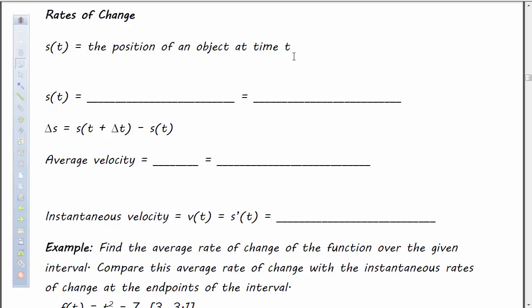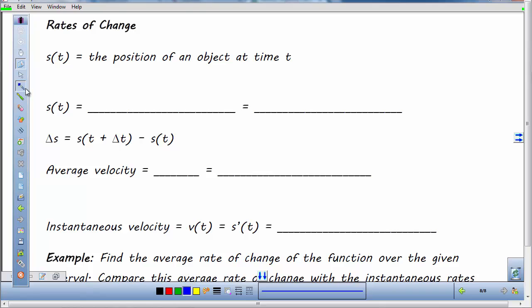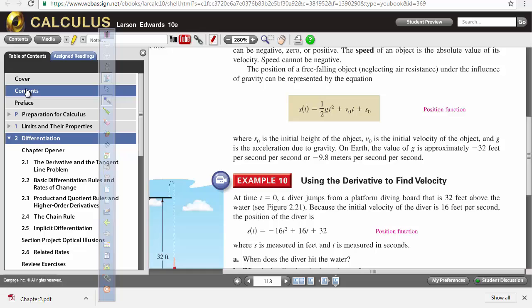Often S of t is written as, we saw this earlier in one of the homework problems, S of t equals 1/2 g t squared plus v naught t plus s naught, where the value of g on Earth is approximately negative 32 feet per second per second. And this is the acceleration due to gravity.